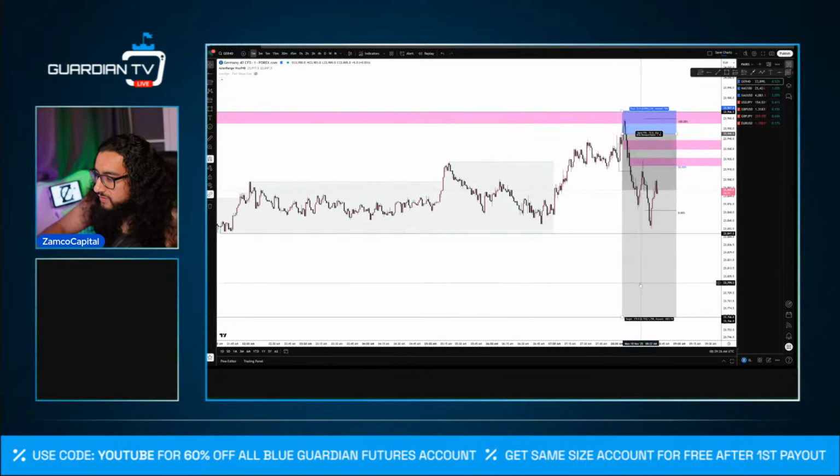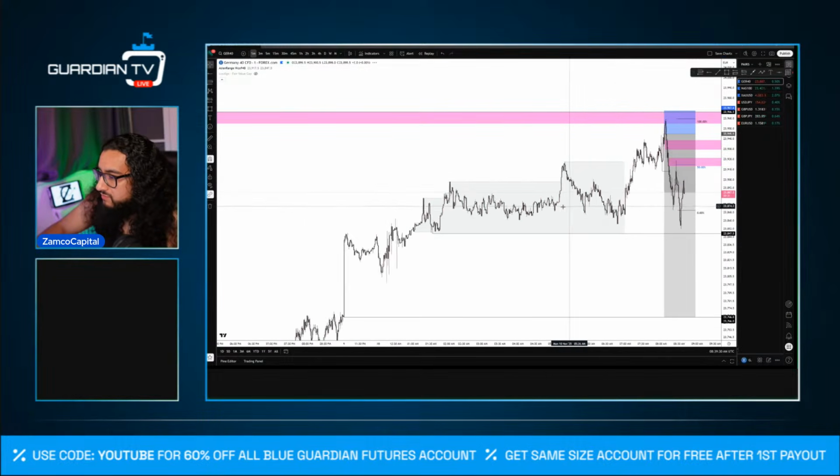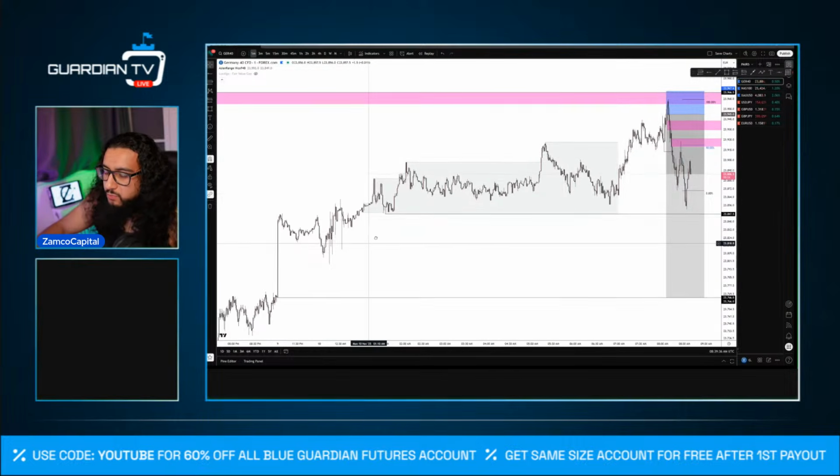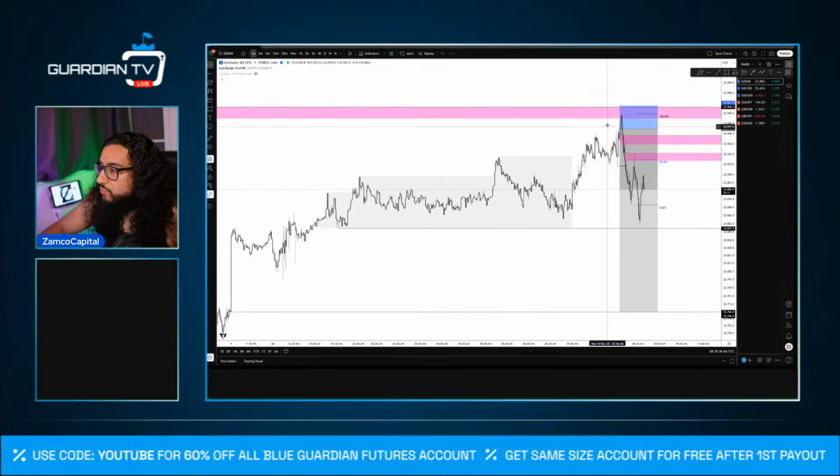I take my profits where I'm meant to, where price should go. We have an Asian low that's not been swept. Price should go there because we were consolidating. We have liquidity below. We have a gap down here that has not been filled. Price is being pulled down. Why would I close at a 1 to 2 if that's a fixed risk to reward strategy when price is telling me it wants to come lower? So it doesn't make any sense.